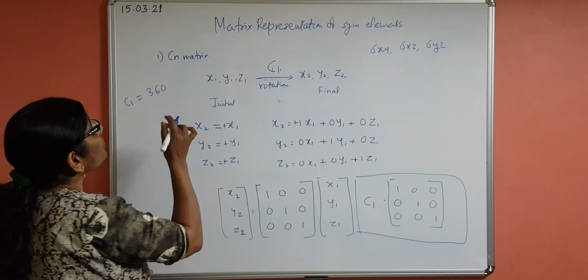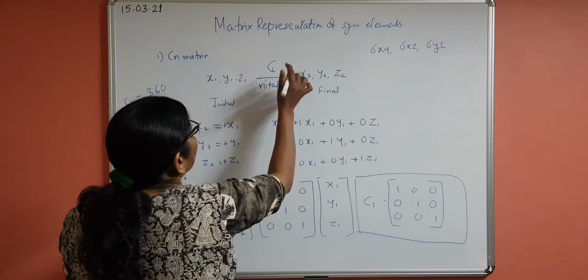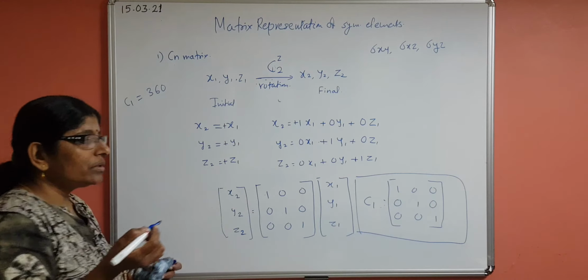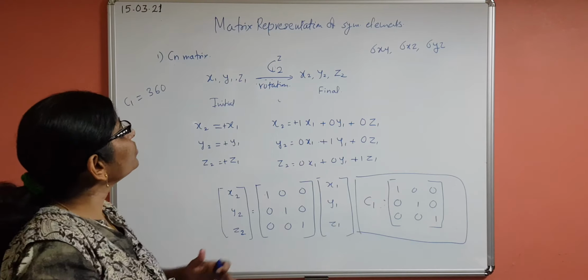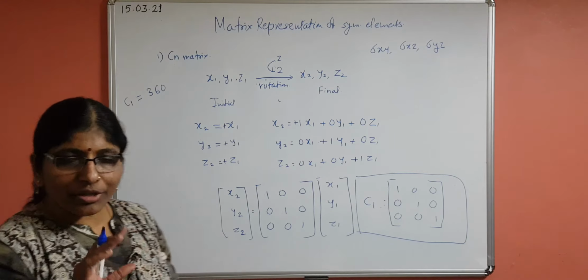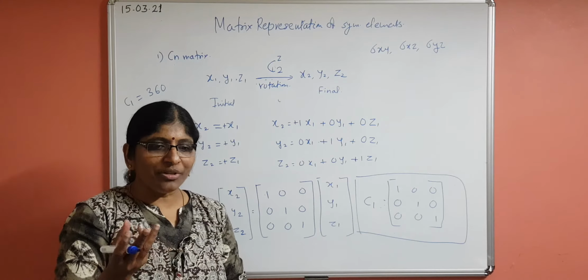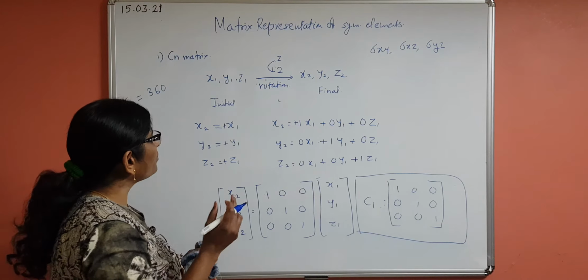Now if this rotation is C2, I mean 180 degrees, I'm not going to go into detail about drawing. I will simply tell you that when there is a C2Z rotation, for example rotating a water molecule through 180 degrees, x and y will get inverted and z will remain positive.